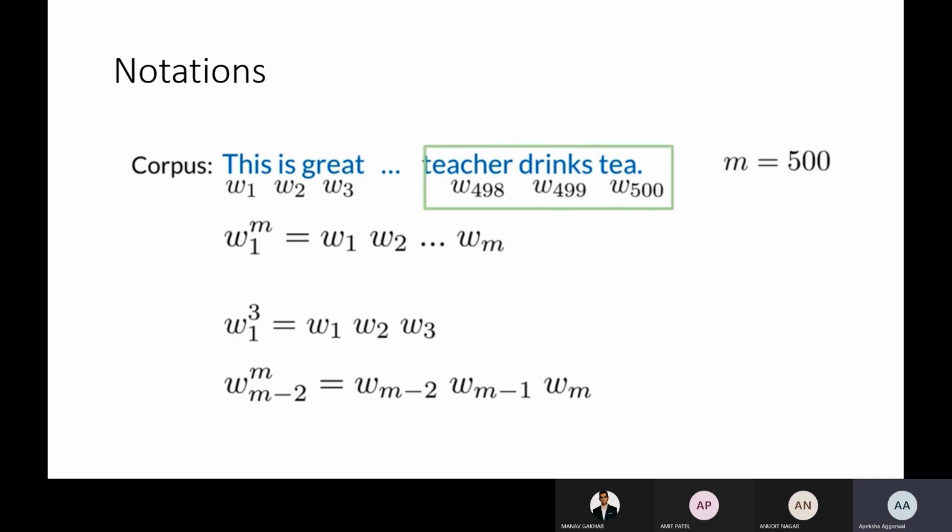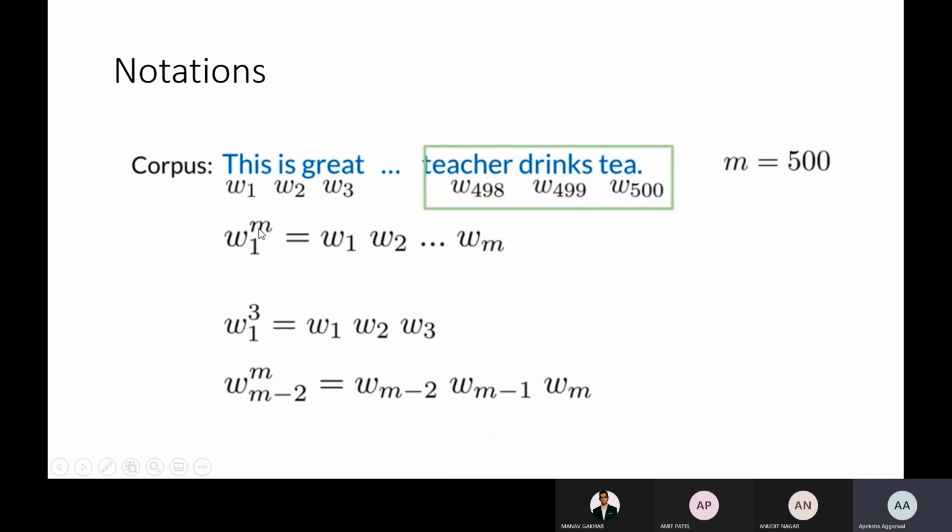First of all, let's see the notations that we are going to use. If we have 500 words in our corpus, we'll write a subscript on the right hand side of each word. So the number of words m is equal to 500. And if I'm talking about w 1 to m, this means I'm talking about all the words from 1 to m.